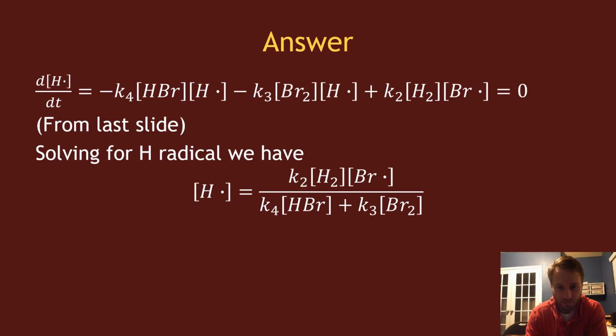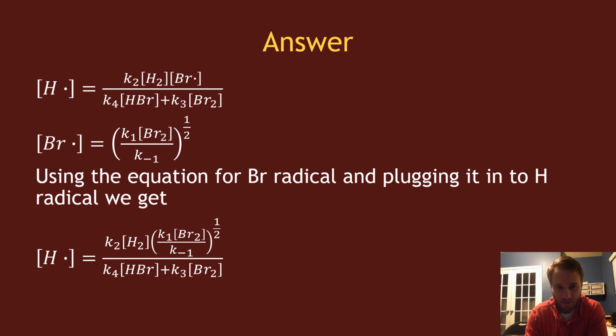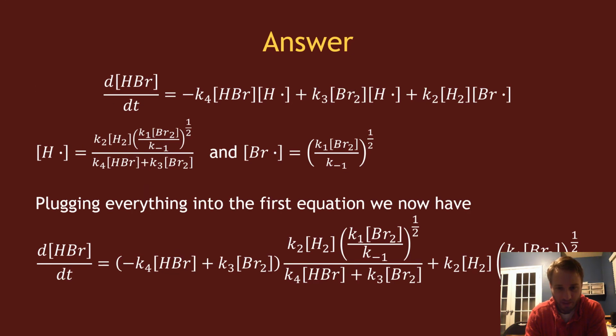I used those to solve for H radical, and then I used some of the differential equations to solve for the Br radical, in somewhat a similar way to what we did. Then I plugged in the Br radical into the H radical solution, and then plugged that back into my equation up top for the H radical, Br radicals.